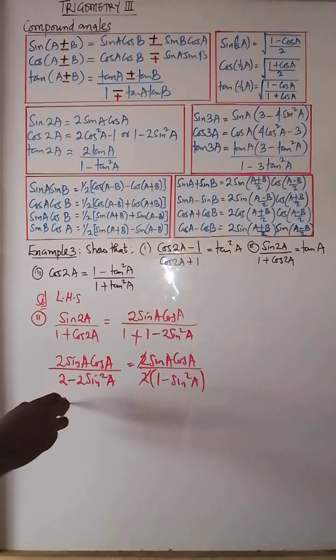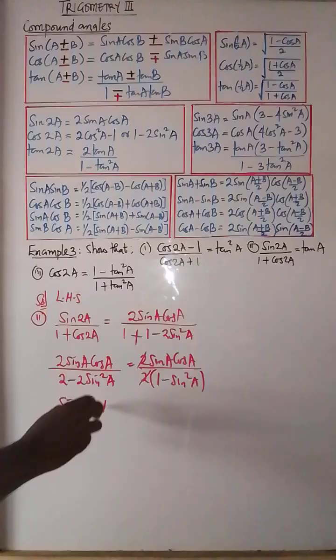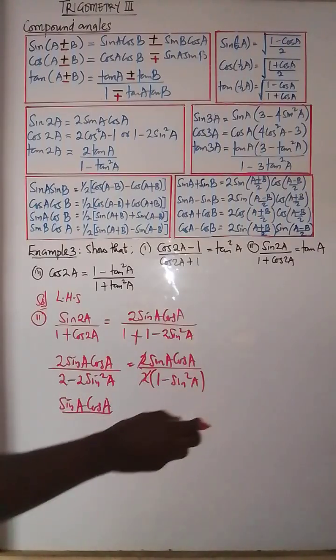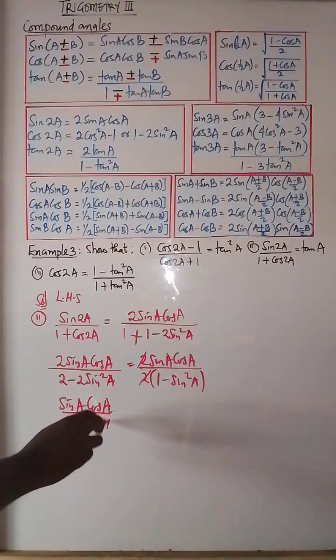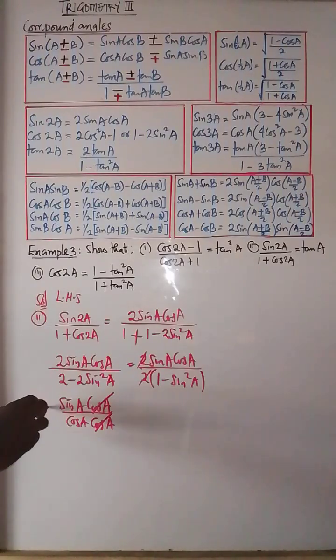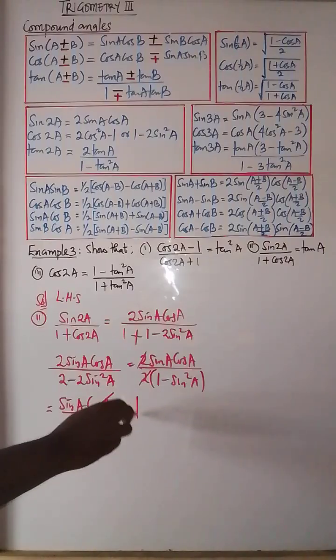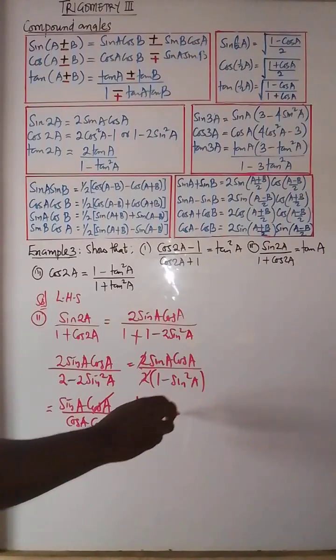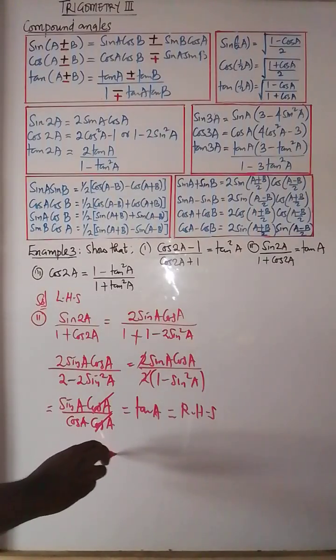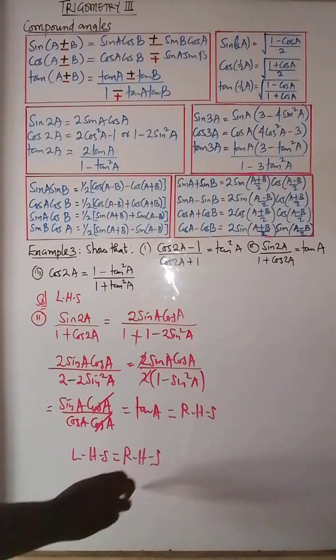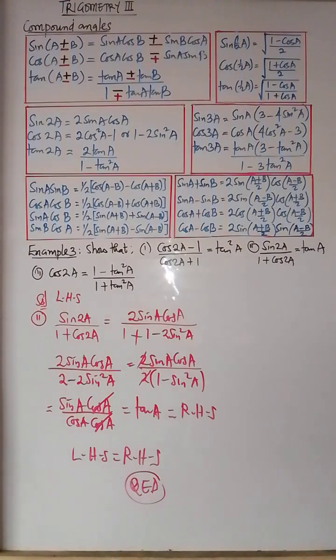So here we're having sine A cos A. Then 1 minus sine square A is what? Cos square A. Which I can write as cos A cos A. Cos A cancels cos A. What is sine over cos A? That's tan A, which equals our right hand side. So left hand side equals to right hand side. Quod erat demonstrandum.